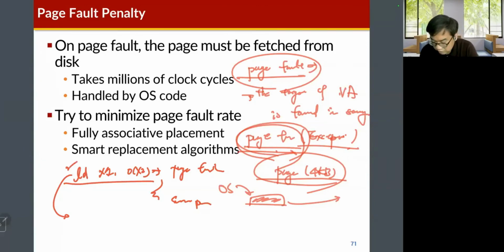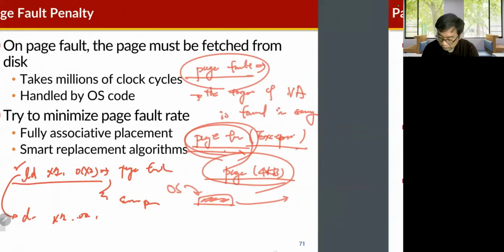Then this load instruction is restarted, right? That's why the page fault is a kind of exception, handled by the exception handler. It's software code, right? So this is the page fault.